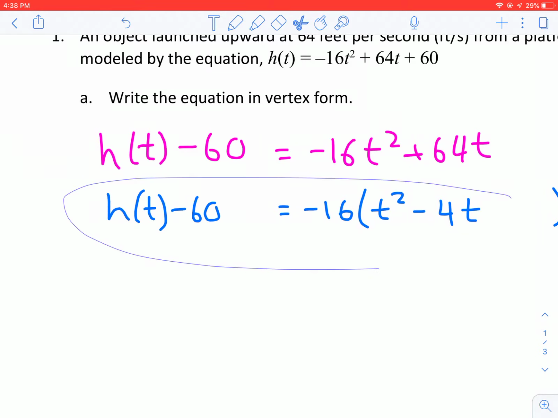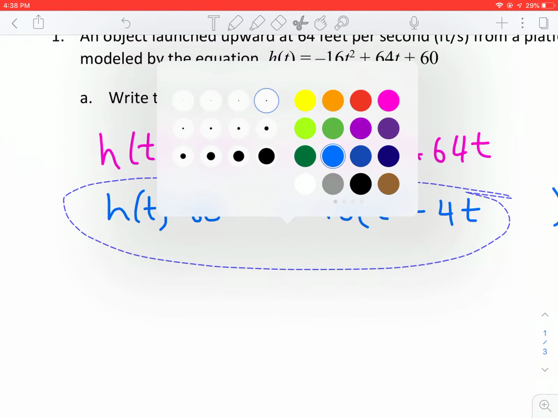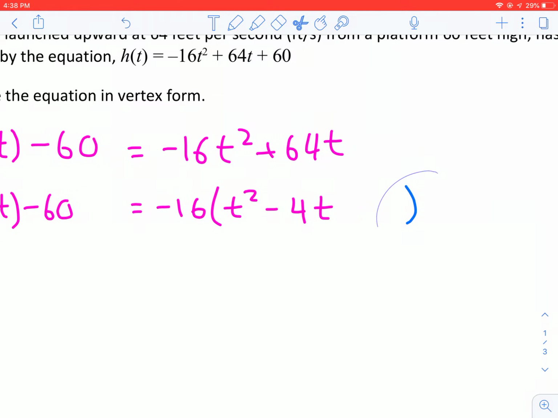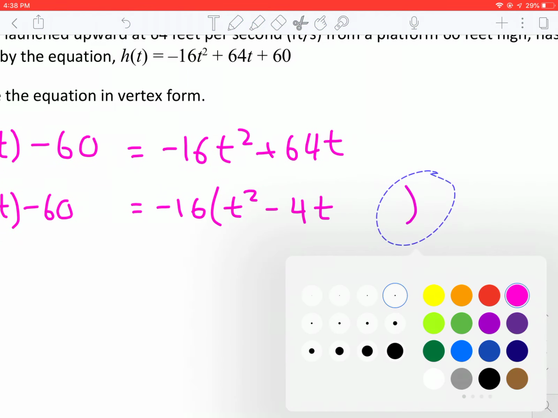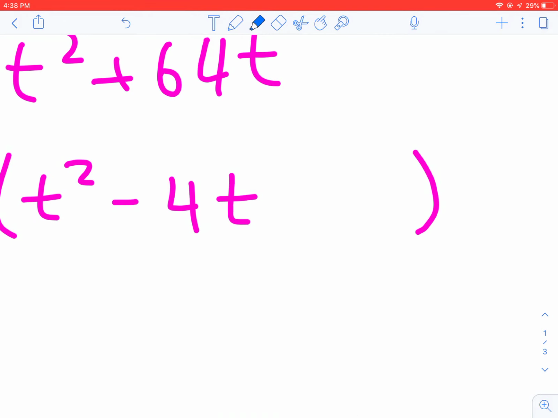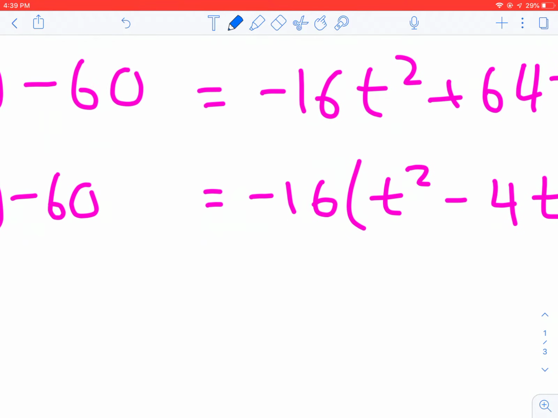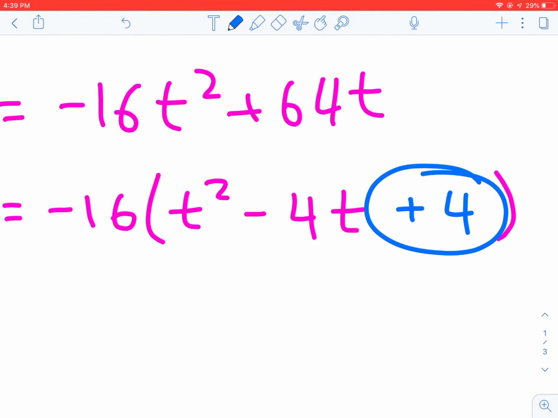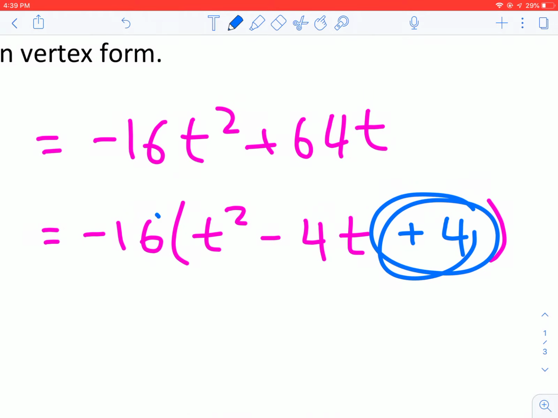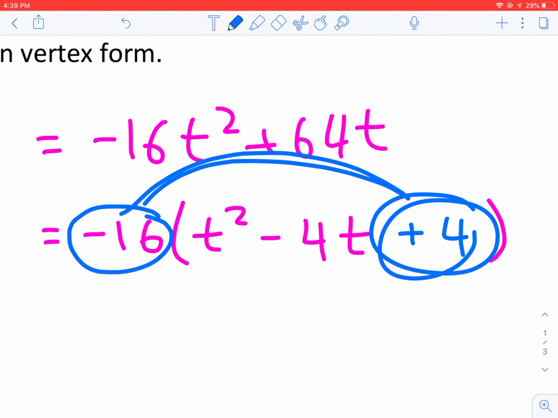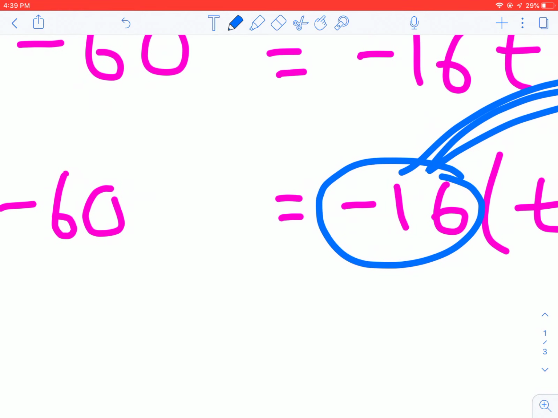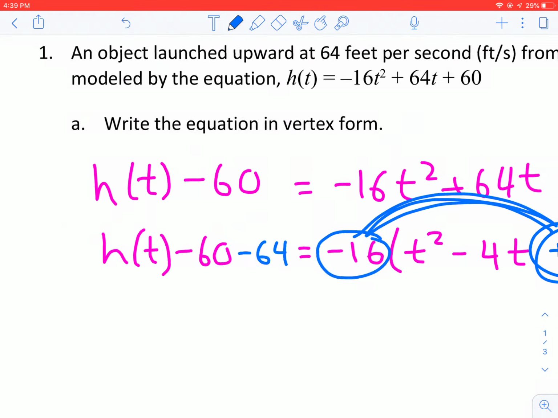I don't know why I switched colors. I'm going to make this pink again. Now I can complete the square. So inside this parenthesis, what do I need to add to complete the square? Well, it's always half of this middle value squared. So half of negative 4 is negative 2, and negative 2 squared is positive 4. So I'm going to be adding 4 to both sides. But wait, am I really adding a 4 here? What I'm really adding is negative 16 times 4, so over here this should be minus 64.